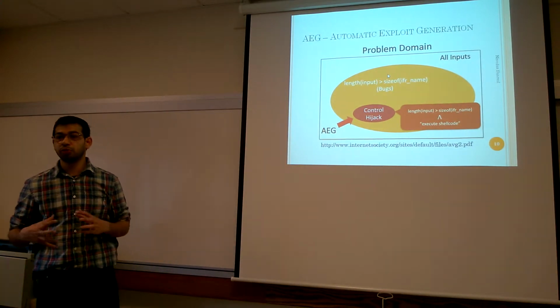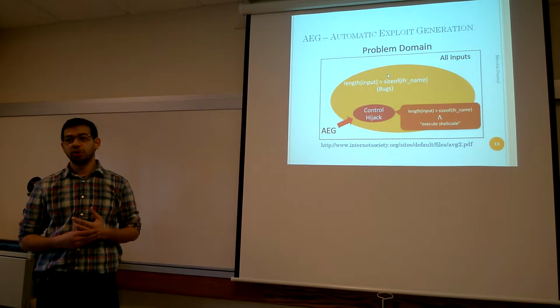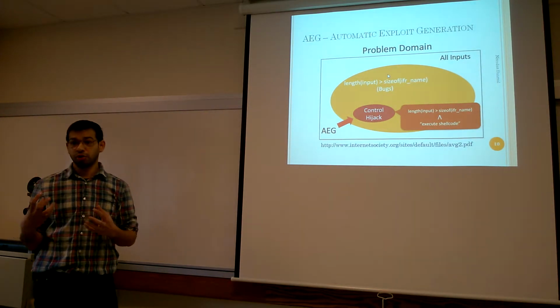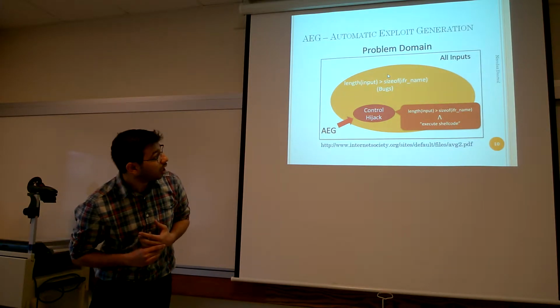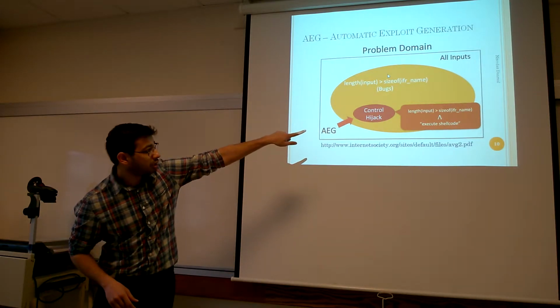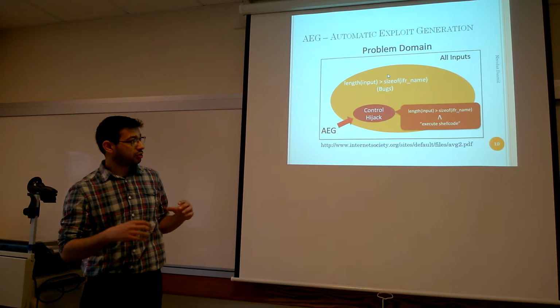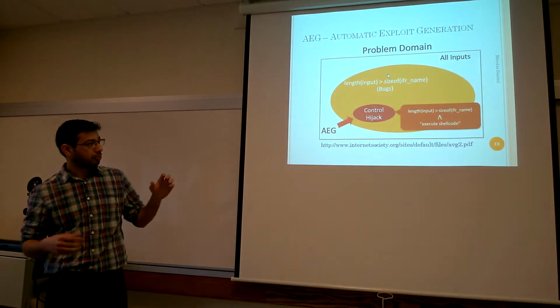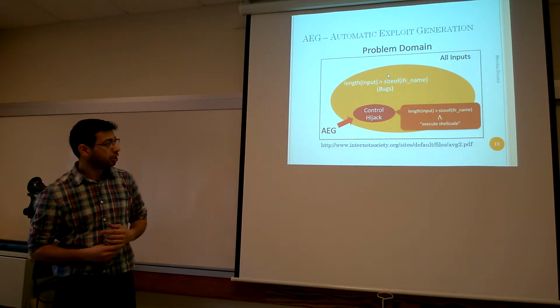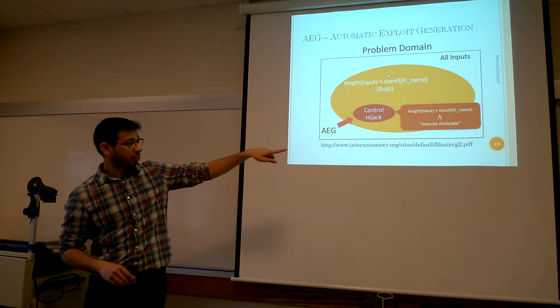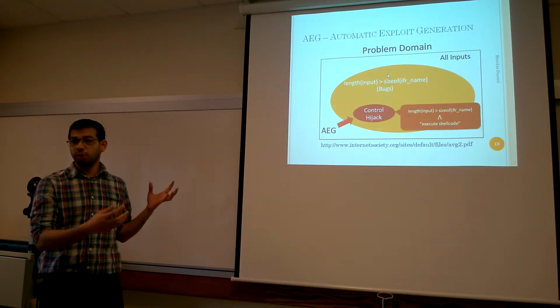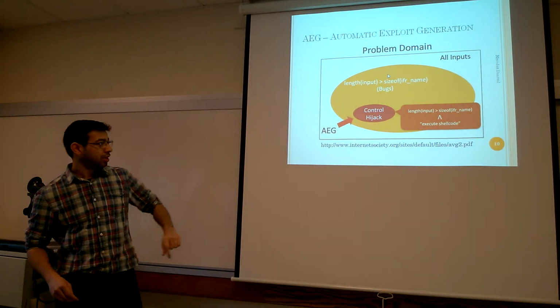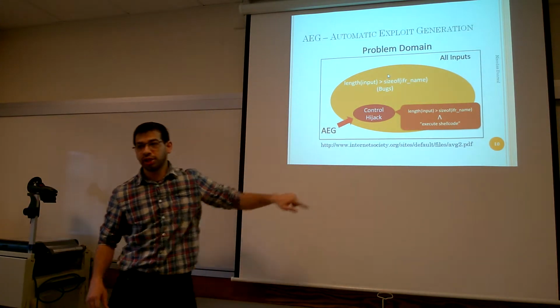There would be inputs large enough that you can actually get control of the program to misbehave. That is what the condition up there says: the length of the input is too large compared to the input which we took earlier, and the predicate that my shellcode would be executable. That is the area which AEG would be targeting.